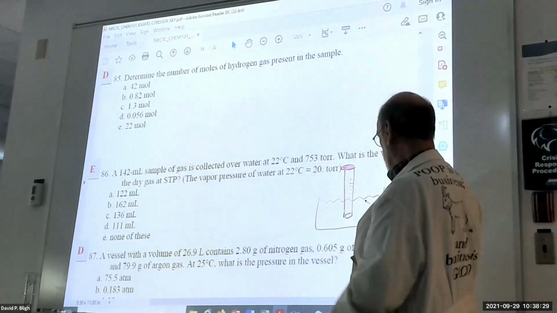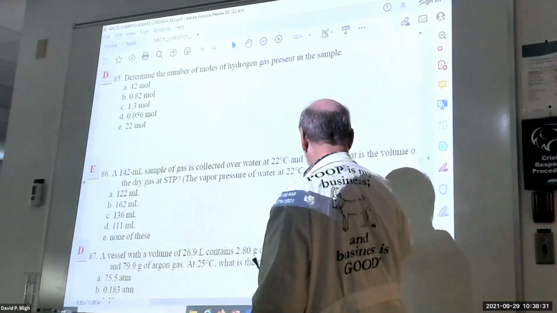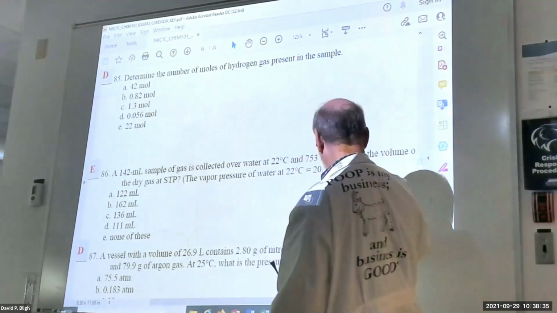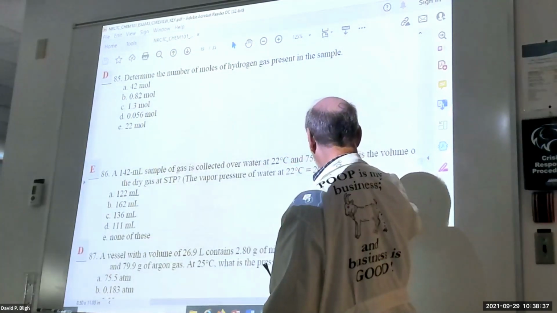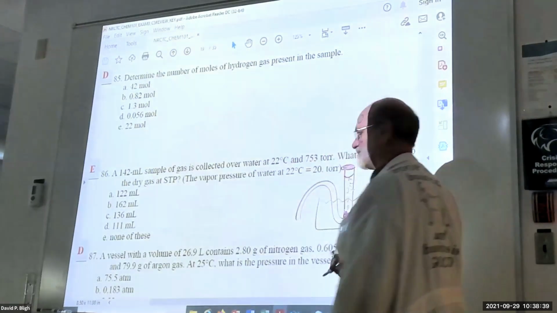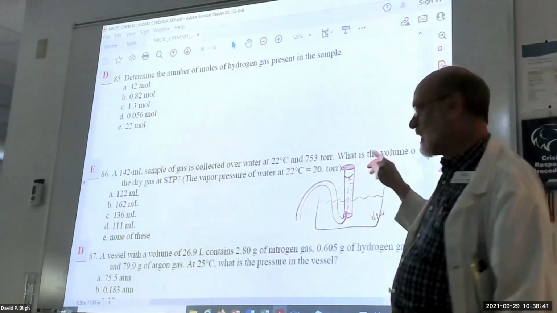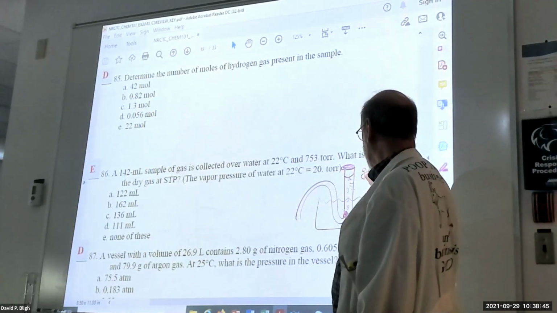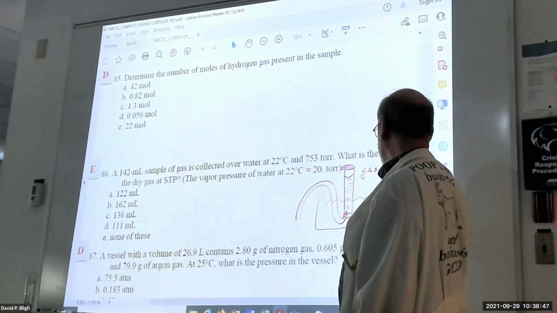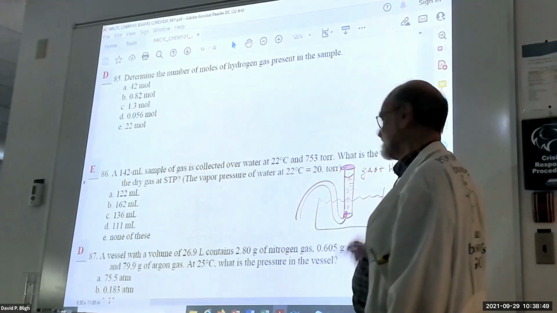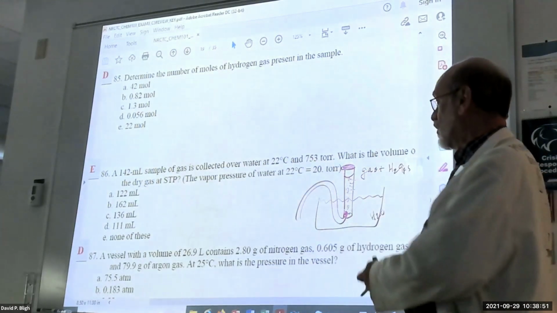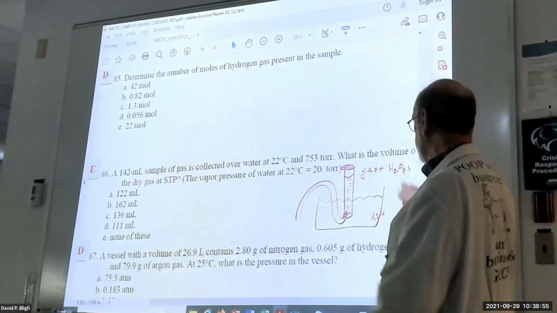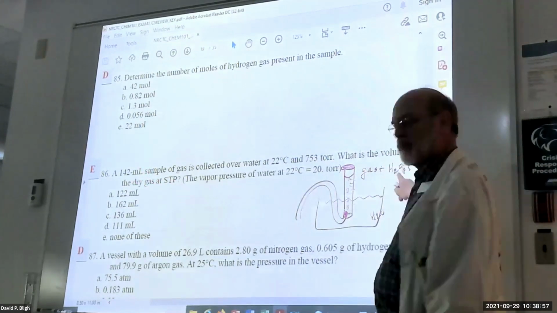Plus, our gas is going to come in here like this, and bubble up here, and collect at the top. Okay, so what's in that space? There's our gas plus water vapor.